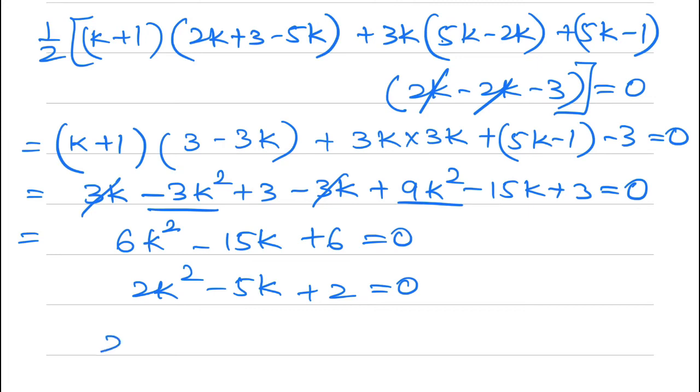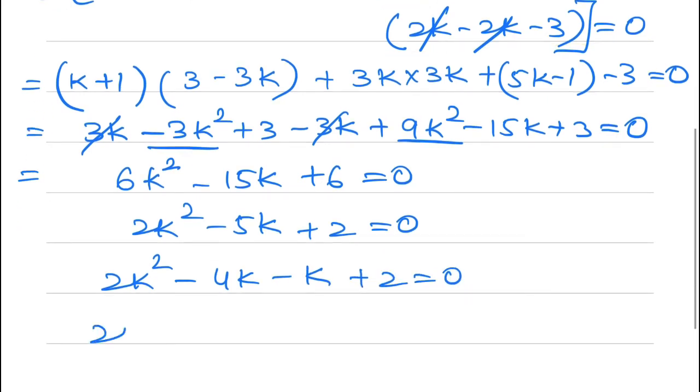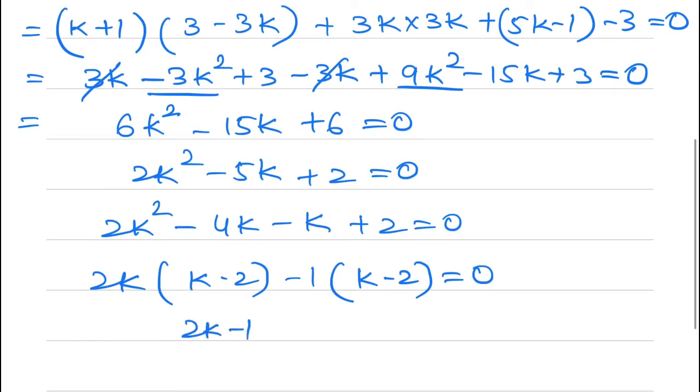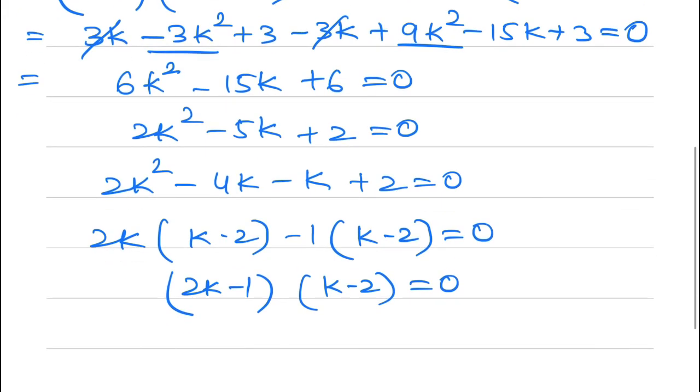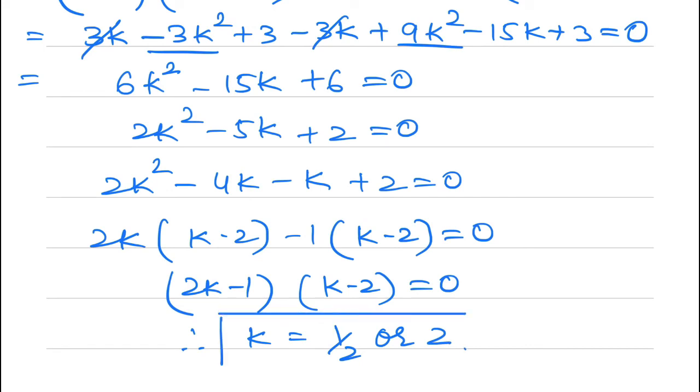So we have 2k square minus 4k minus 1k plus 2 is equal to 0. So 2k is common, k minus 2, minus 1 is common, k minus 2 is equal to 0. 2k minus 1 into k minus 2 is equal to 0. Therefore, k is equal to half or 2. So this is the answer.